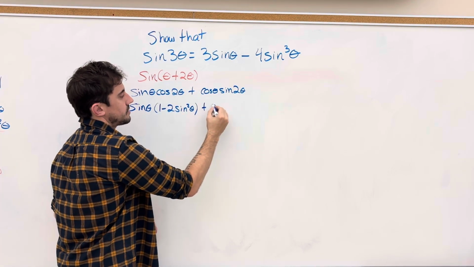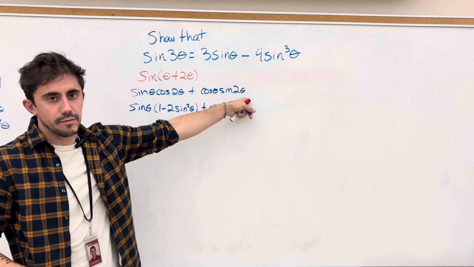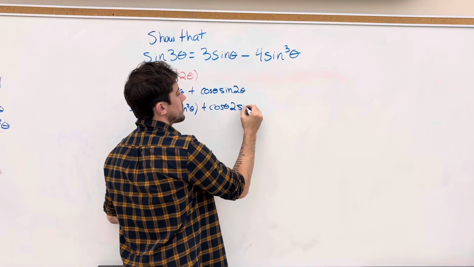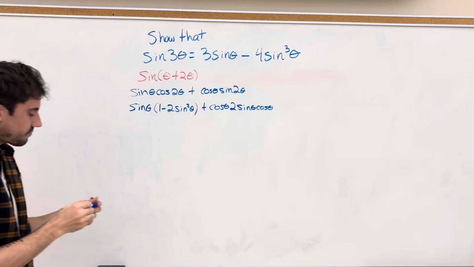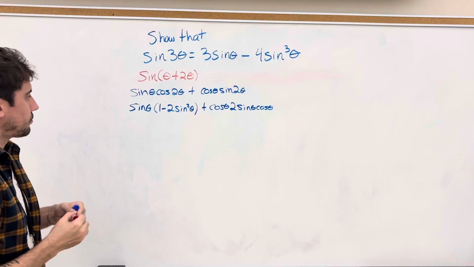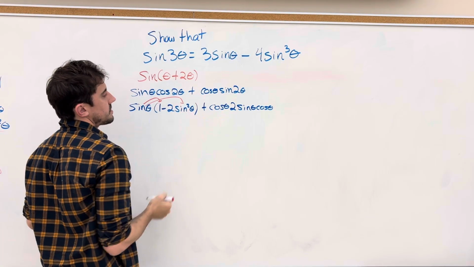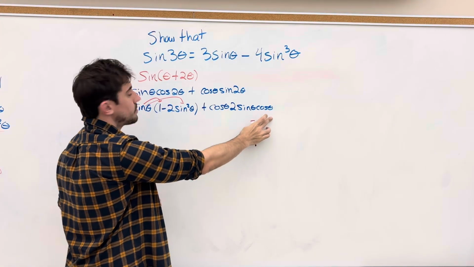And then in the second term, cos theta times sine 2 theta, we have a nice double angle identity for that one as well. That one has to be 2 sine theta cos theta. Okay? So now let's multiply through what we have. The sine theta is going to multiply through these brackets, and we'll combine the cos thetas in the second term.